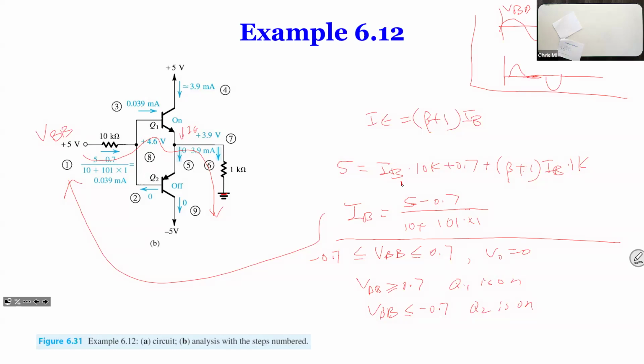In the middle, there's nothing, but the positive half, minus 0.7, is amplified, and the negative half, also minus 0.7 volts, gets amplified by Q2. Okay. So yes, go ahead.